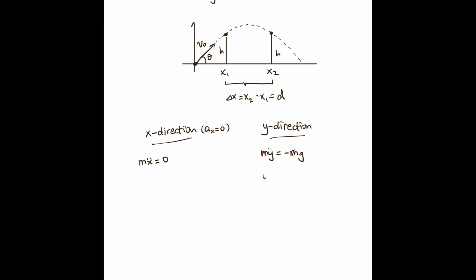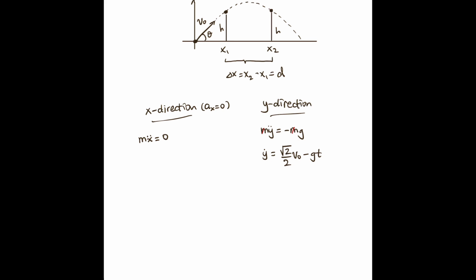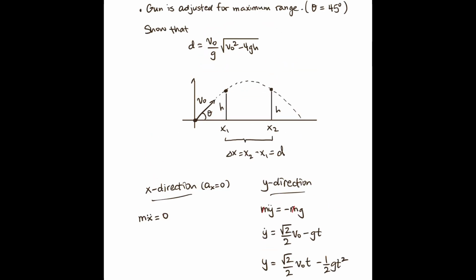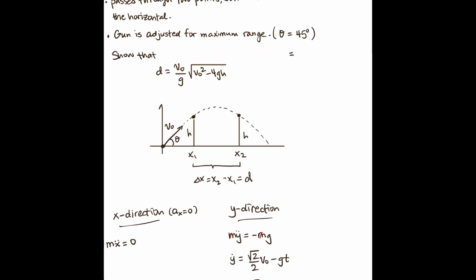Now, if we integrate the y side, then we get y dot is equal to the square root of 2 over 2 v0 minus gt. Additionally, if we integrate one more time, we get the square root of 2 over 2 v0 t minus 1/2 gt squared.